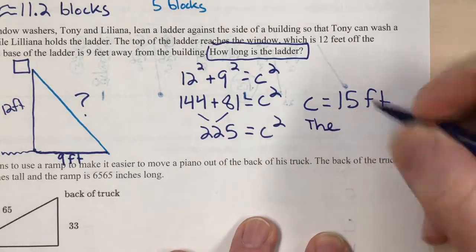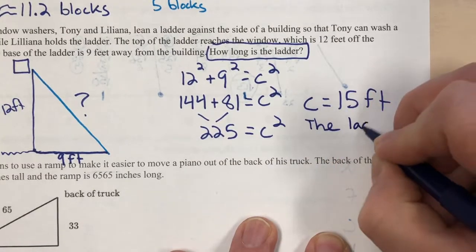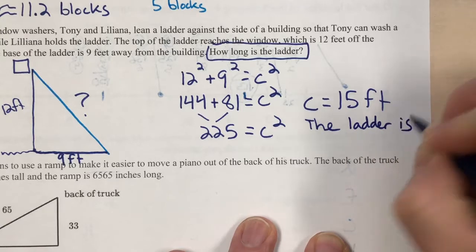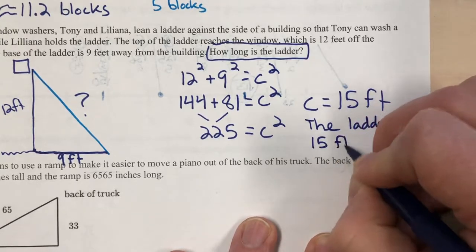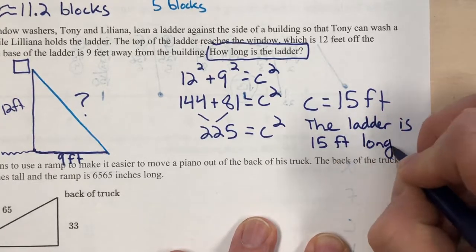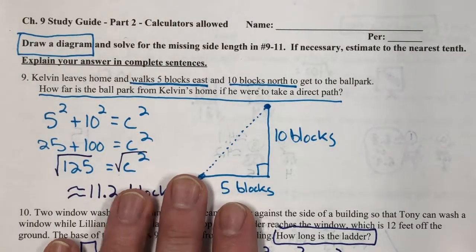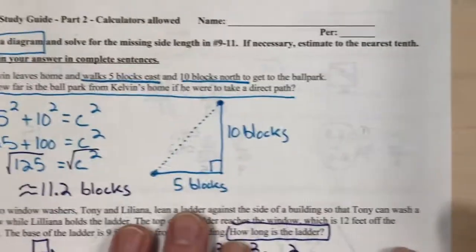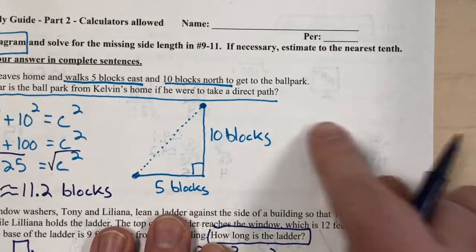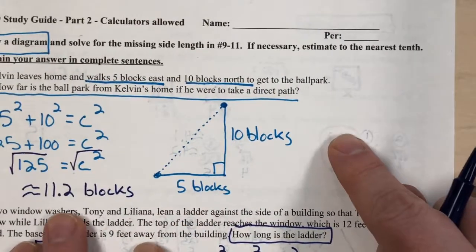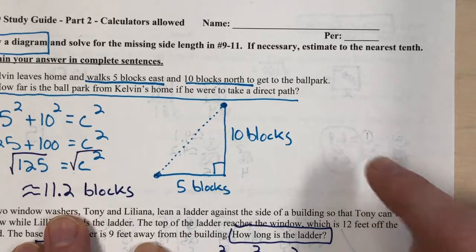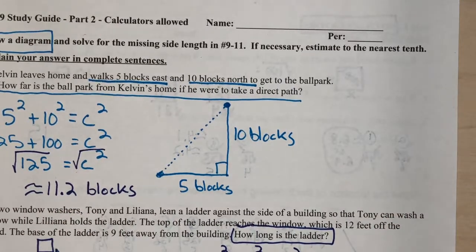So the ladder is 15 feet long. That's something I should have done up above on my blocks too, because the question was, how far is the ballpark? I should have said the ballpark is 11.2 blocks away from his house.